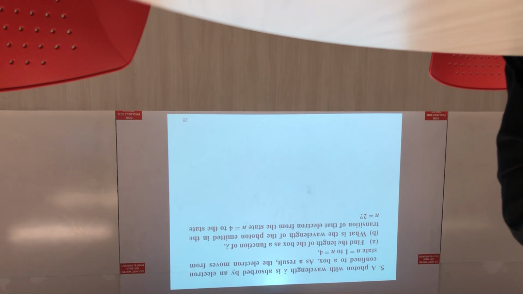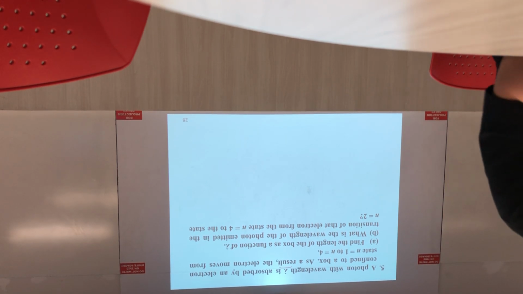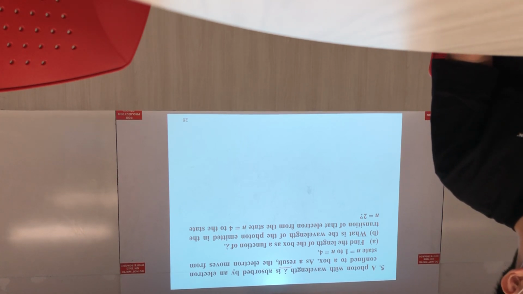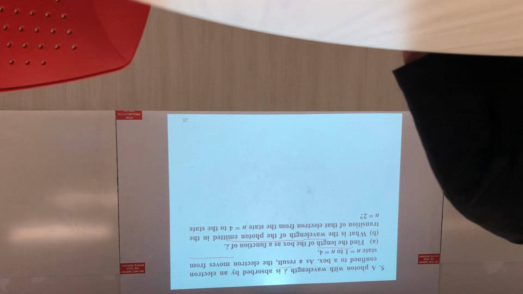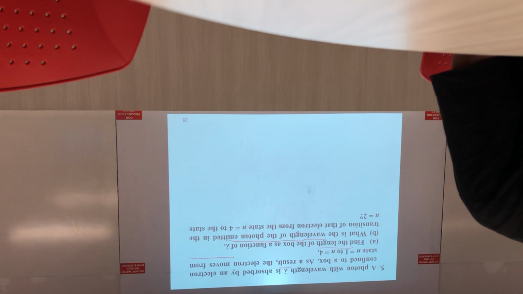So question number 5. A photon with wavelength lambda is absorbed by an electron confined to a box. As a result, the electron moves from n equals 1 to n equals 4. Find the length of the box as a function of lambda, and then what is the wavelength of the photon emitted in the transition of that electron from 4 to 2.